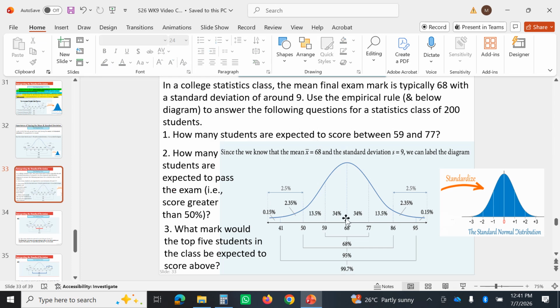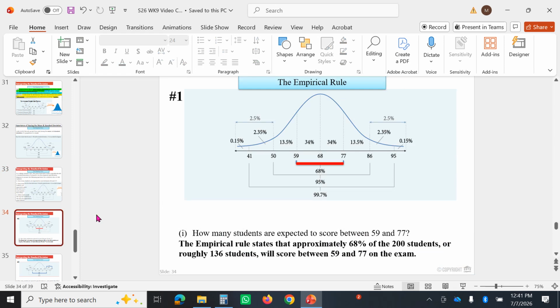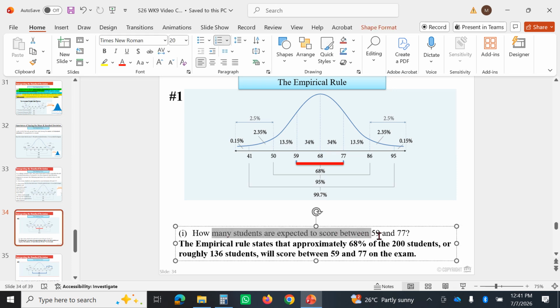Well, 68% of the students are able to do that. So how many students are expected to score between 59 and 77? 68% of 200 students, right? Because that's from the original question. So 0.68 times 200 gives us 136 students are predicted to score between 59 and 77.